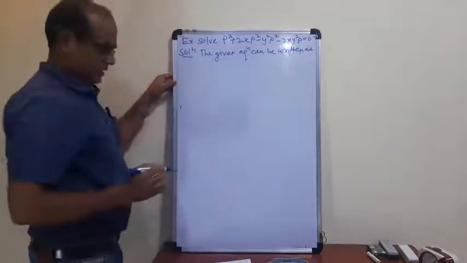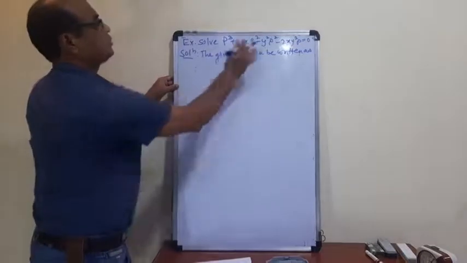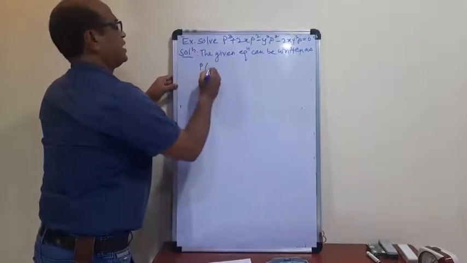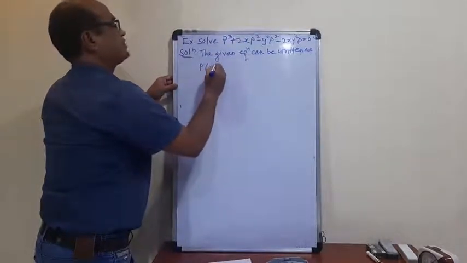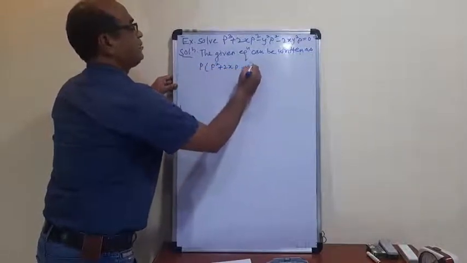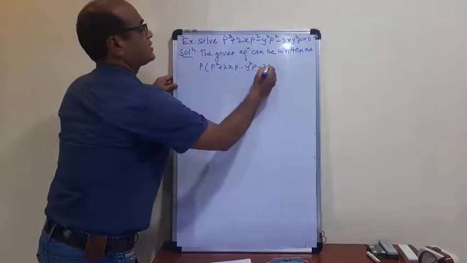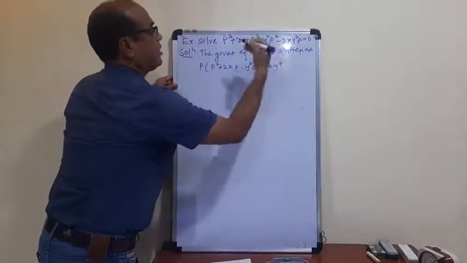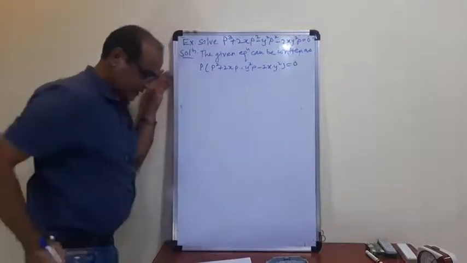So this equation can be written as, common out p from this equation, so p square plus 2xp minus y square p minus 2xy square, p common out here, is equal to 0.